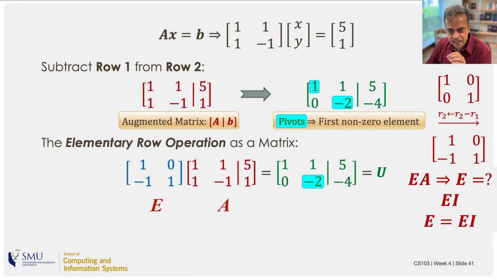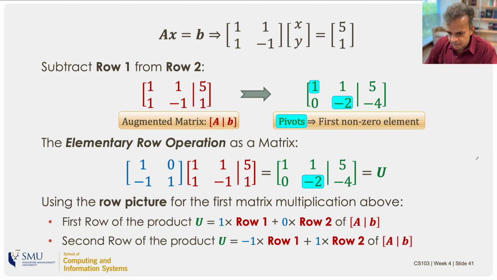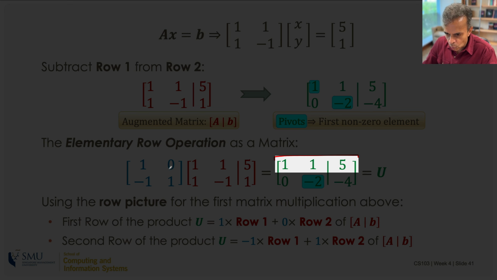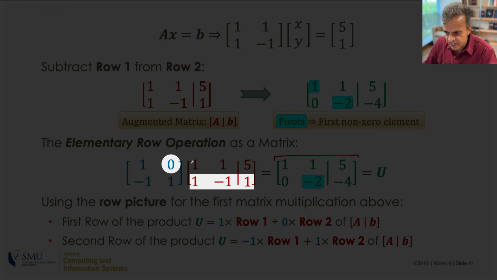Just in case you didn't catch that, let me say that once more. Apply the elementary operation to the identity matrix. What you get as a result of that operation is the elementary matrix corresponding to that operation. But using the row picture, which is a little fancier to explain, in my upper triangular matrix, that is the REF, the first row is 1 times the first row of the red matrix and 0 times the second row of the red matrix.